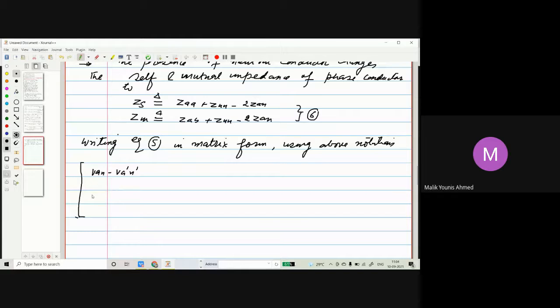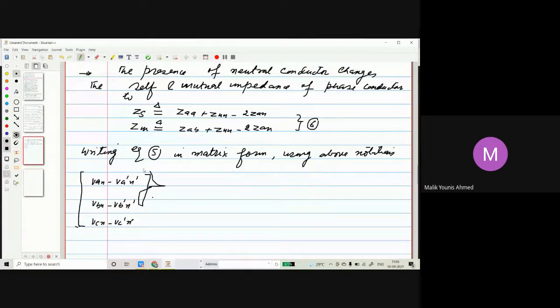And second we have VBN minus VB dash N dash. Third we have VCN minus VC dash N dash. We'll write this in the matrix form.